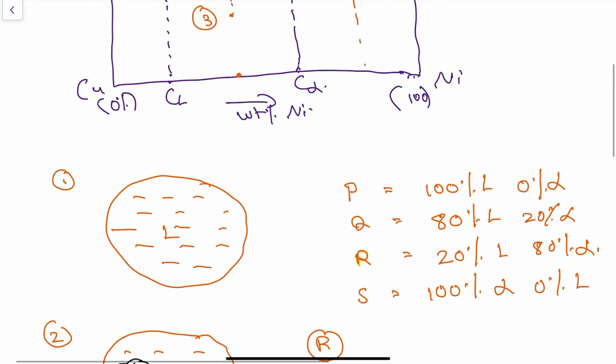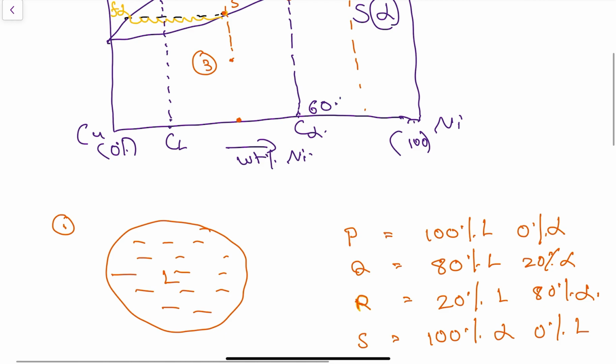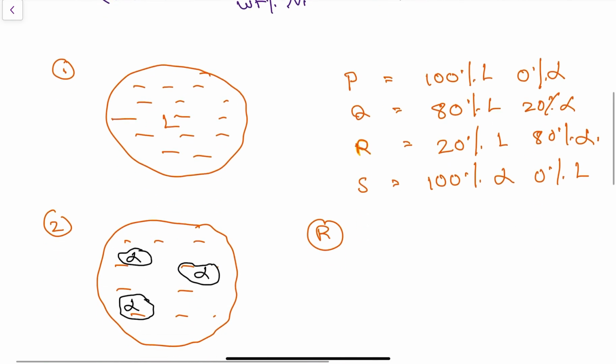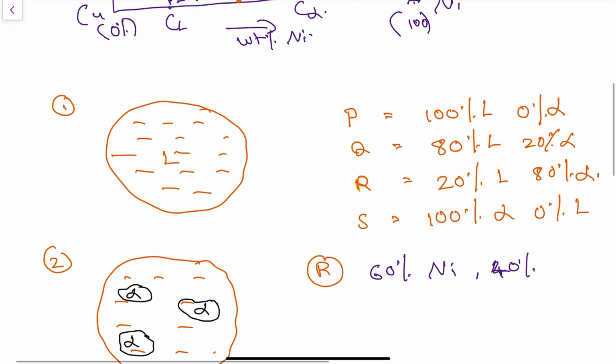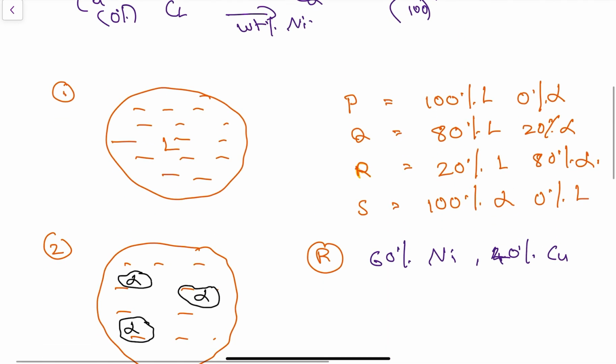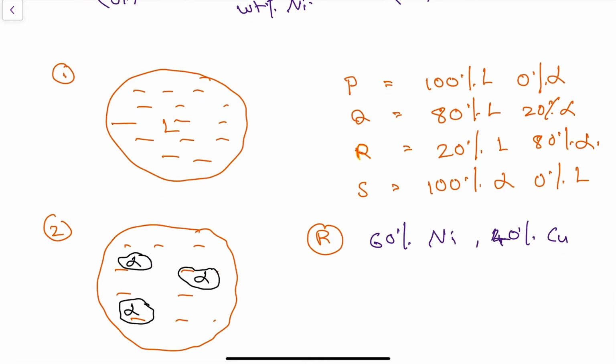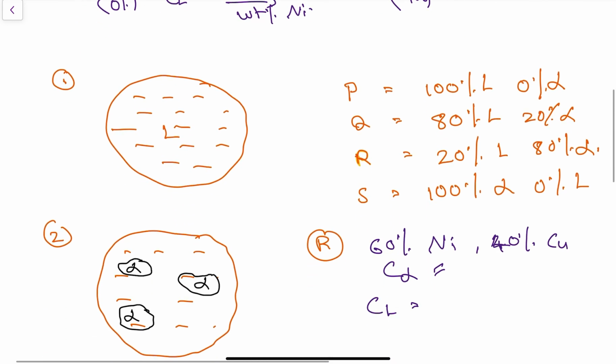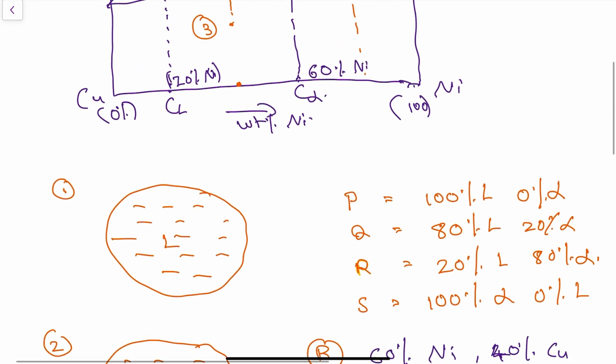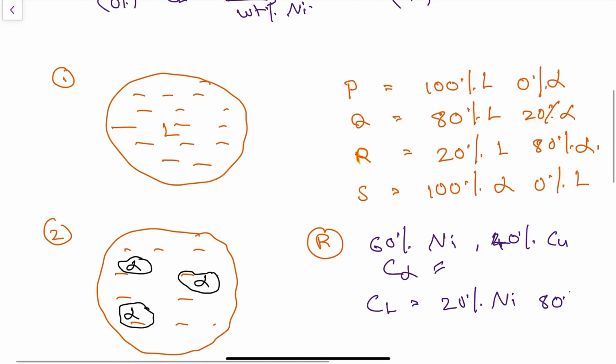I am assuming this may be 60 percent nickel, and this may be 20 percent nickel. So at R, alpha is 60 percent nickel and the remaining 40 percent copper. The liquid will be 20 percent nickel and the remaining 80 percent copper.